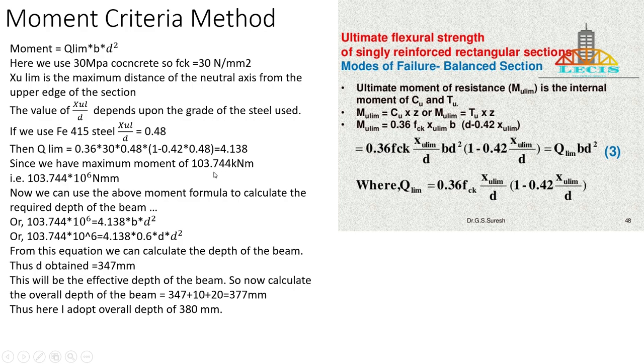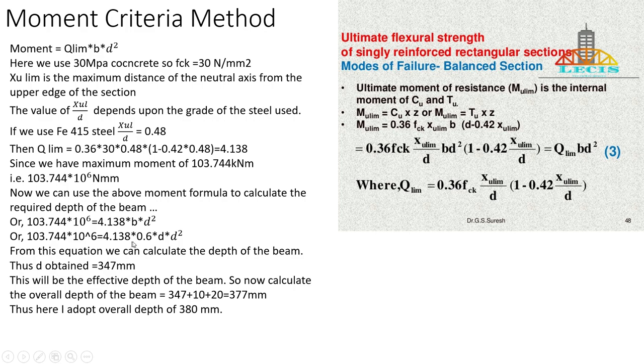Since we have the maximum moment of 103.744 kN meter, that is 103.744 into 10 to the power 6 Newton mm, we can use the formula M equals Q limit times b d square. We have M as 103.744 into 10 to the power 6 and Q limit 4.138 into b times d square. Here I have used b as 0.6 times the depth of the beam as per the thumb rule.